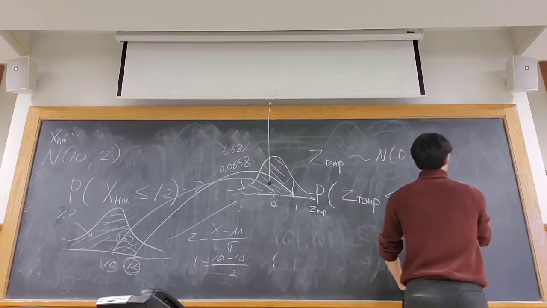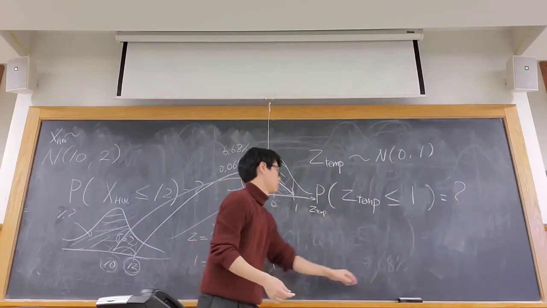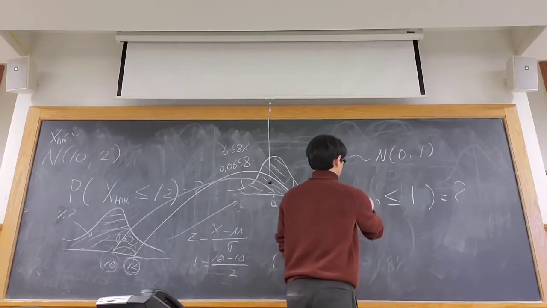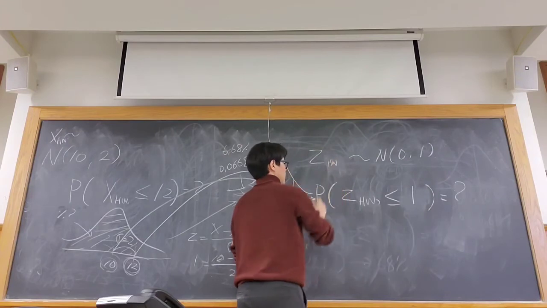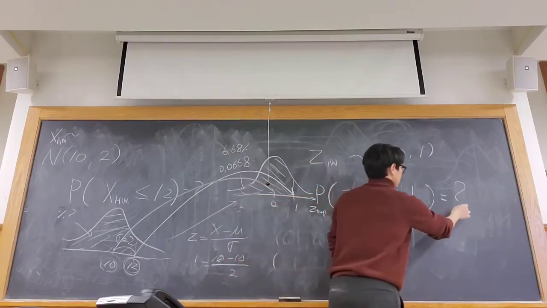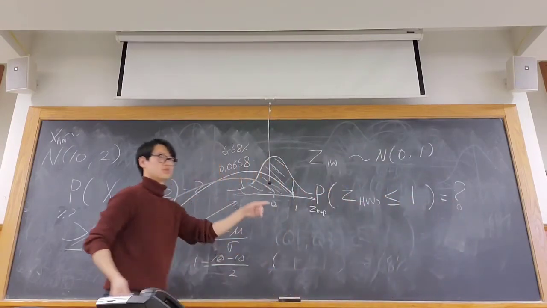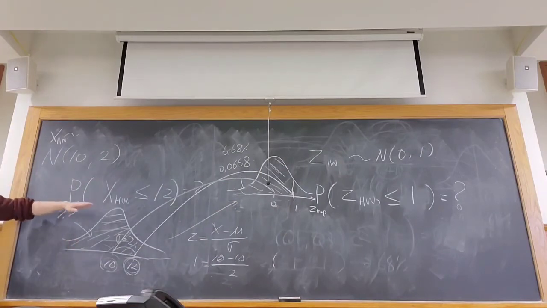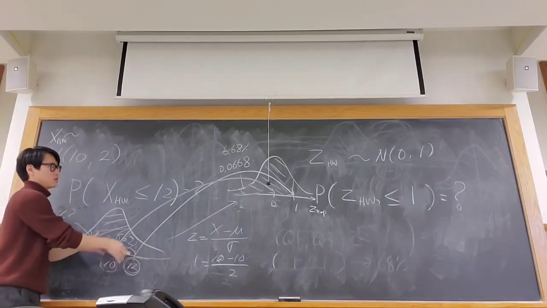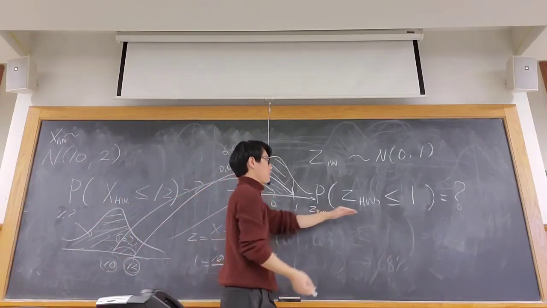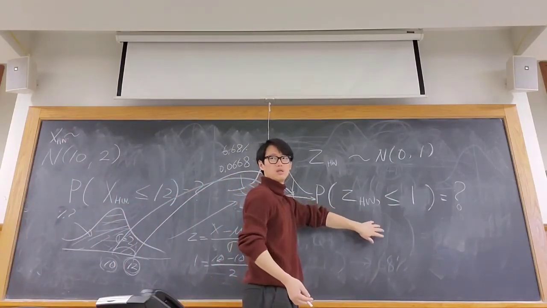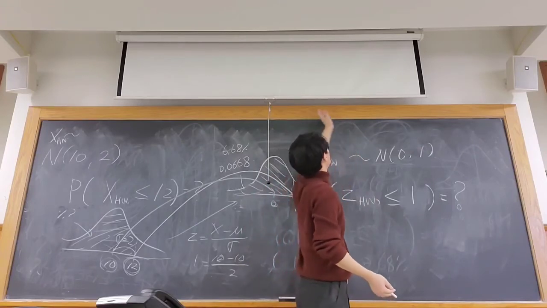And if I calculate this probability, I can use it as this probability, right? Since I converted this into the standard normal case, now I can calculate it using the standard normal table, right? How?